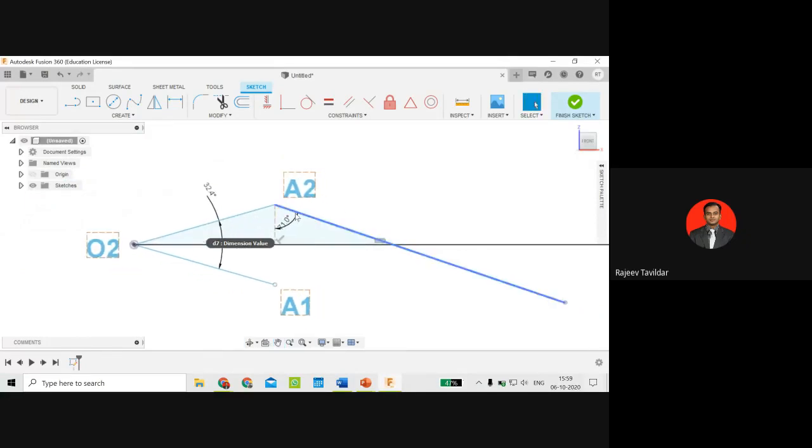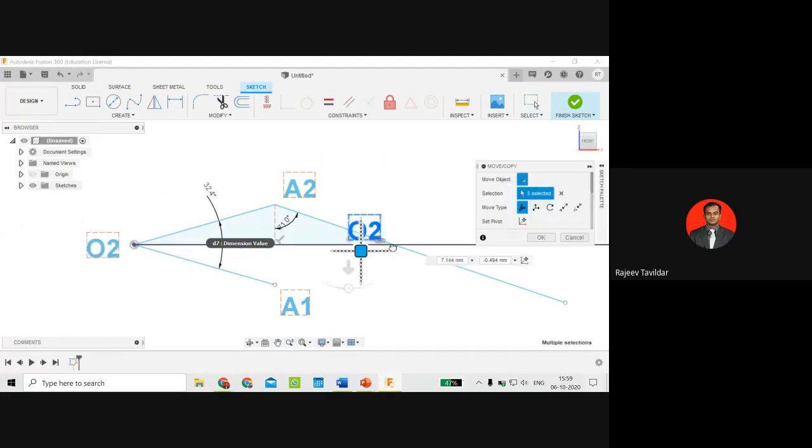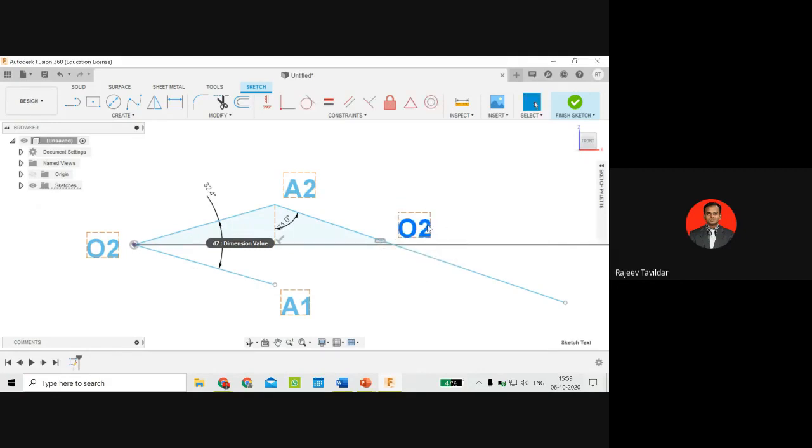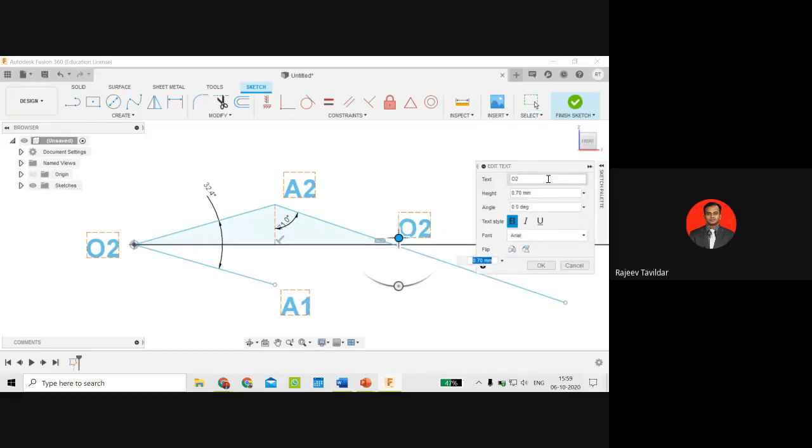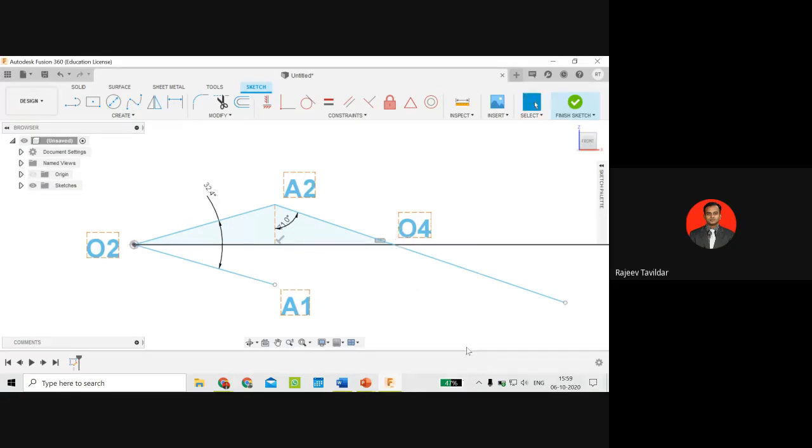So with 71 degrees, wherever it will intersect, that will become your O4. So now I can join A1 and O4 also. And I'll delete the rest of the lines.